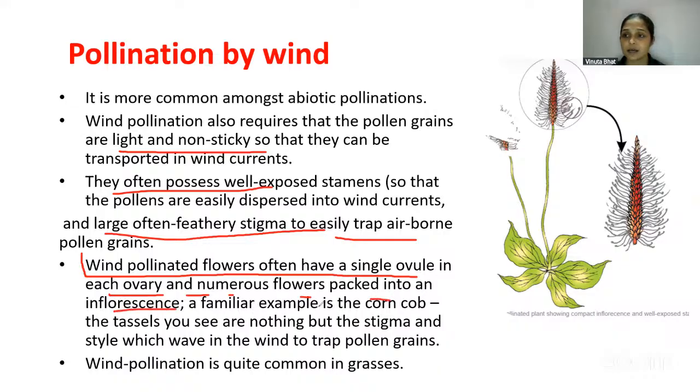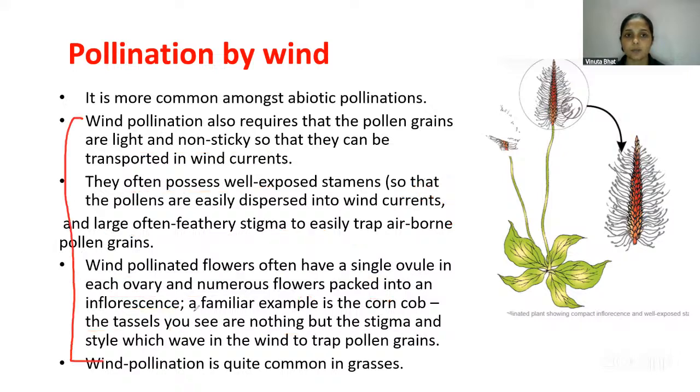For example, in the corn cob, the tassels you see are nothing but the stigma and the style, which trap the pollen grains. This is a very important characteristic feature of pollination by wind, important for your MCQ CET competitive exam.